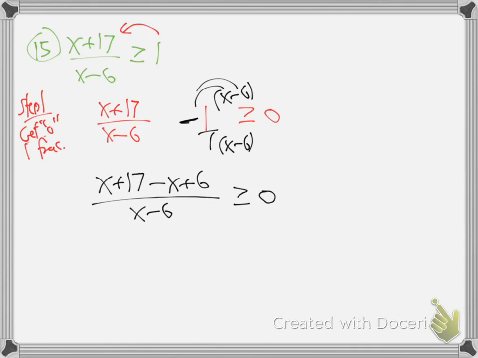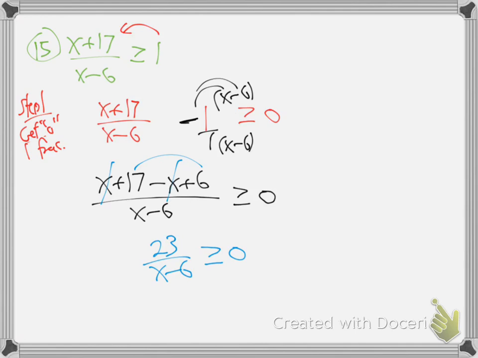It's really easy to forget about that minus sign, going all the way to the minus 6. Then the x's drop out, and 17 and 6 is 23. We get to there. No x's on the bottom. So there's step 1. Get a 0, make it one fraction.